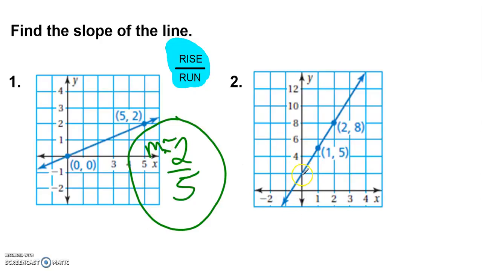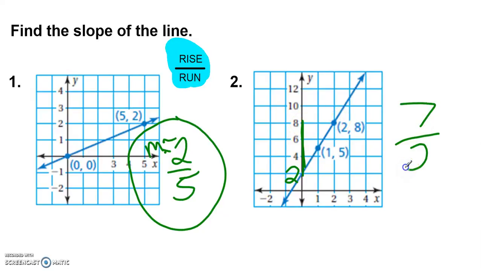Here we're 1, 2, 3, rising. Oh wait, that's 2, 4, 6. So we're rising up this much, which is 1, 2, 3, 4, 5, 6, 7, and then we're going over 2.